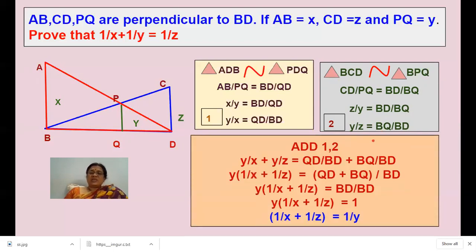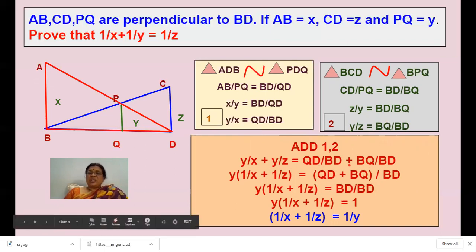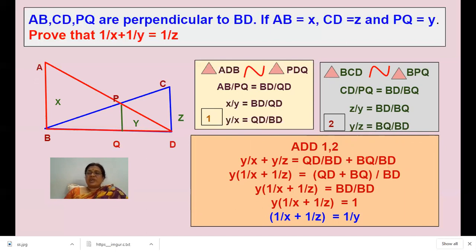Next, I have added these two. When you add LHS, you have to add RHS also. When you closely observe here, the bases are equal in these two fractions. So you can write the numerators adding up, that is QD plus BQ by BD.